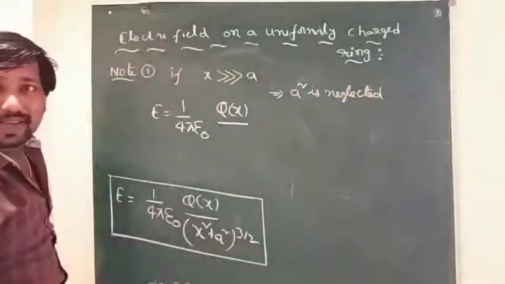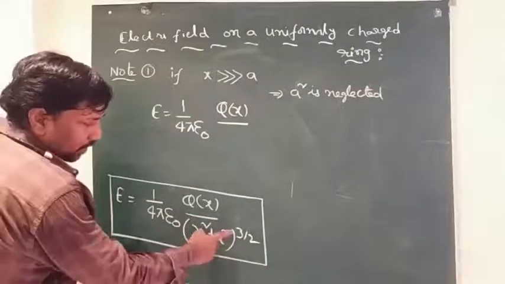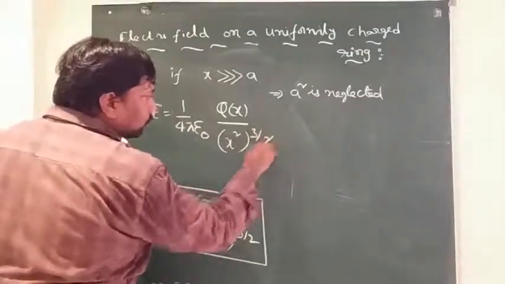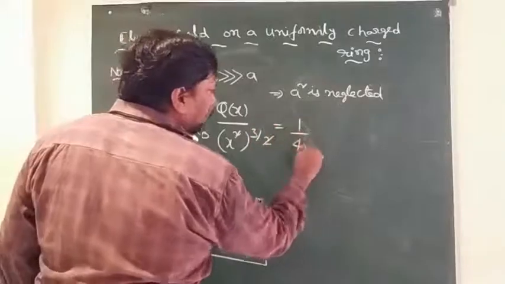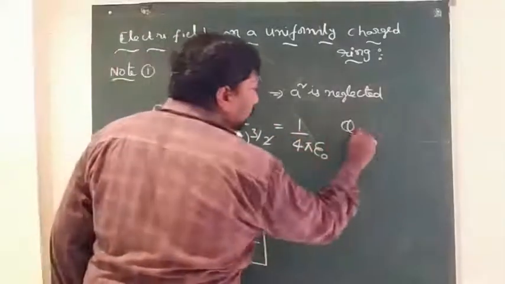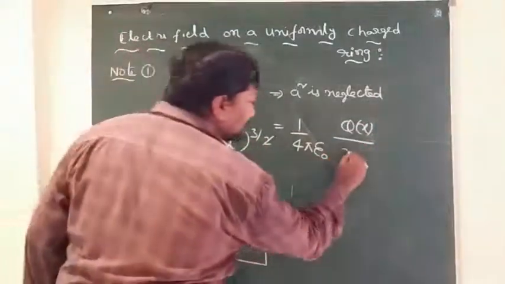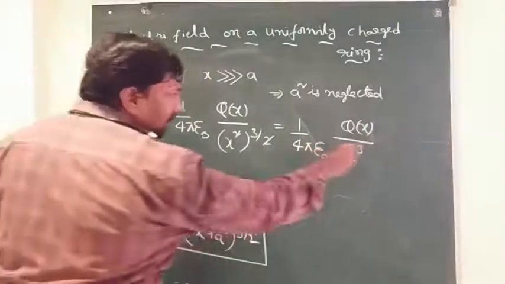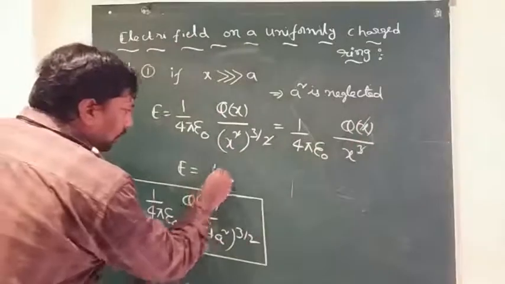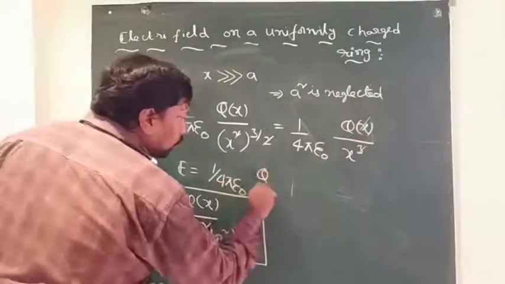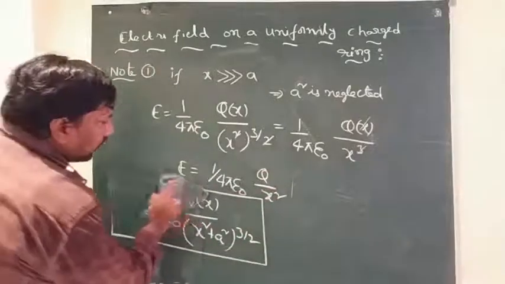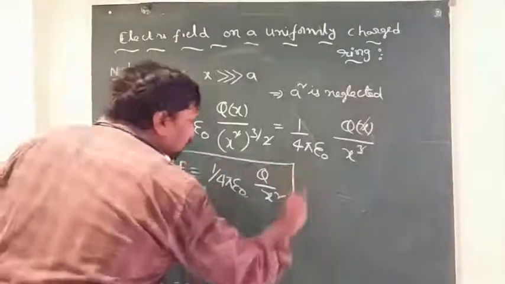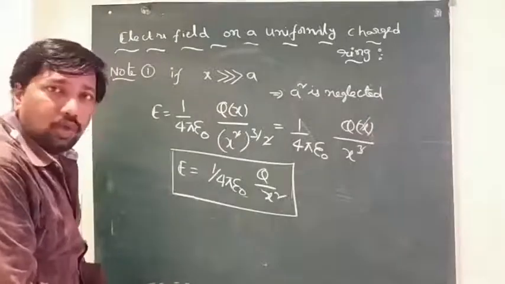In this case, we get x square whole power 3 by 2, that means x cube. So 1 by 4 pi epsilon naught into q into x by x cube, and the x cancels, giving 1 by 4 pi epsilon naught into q by x square.